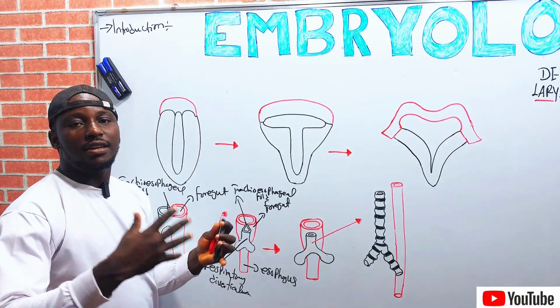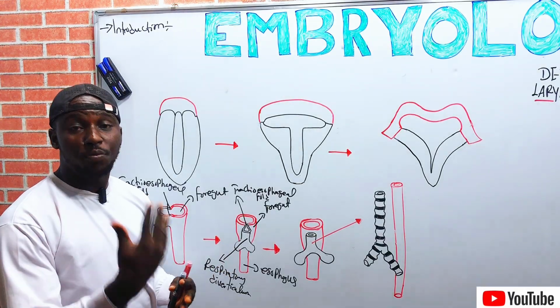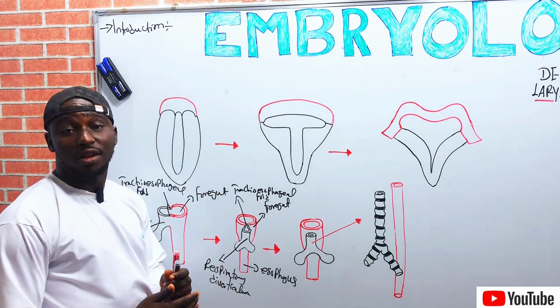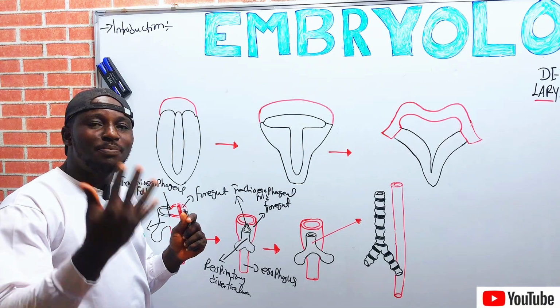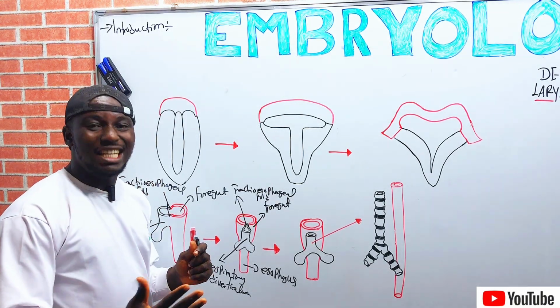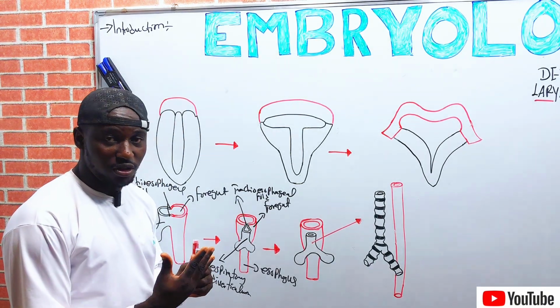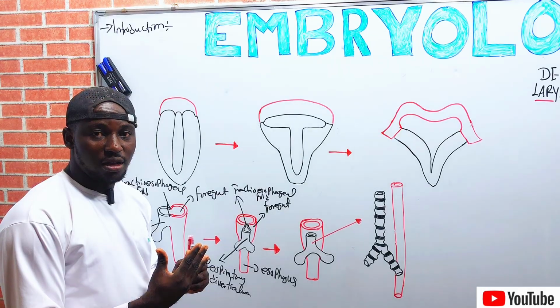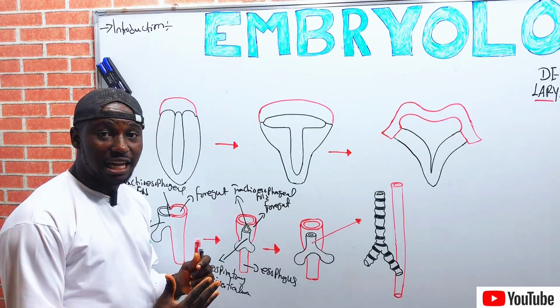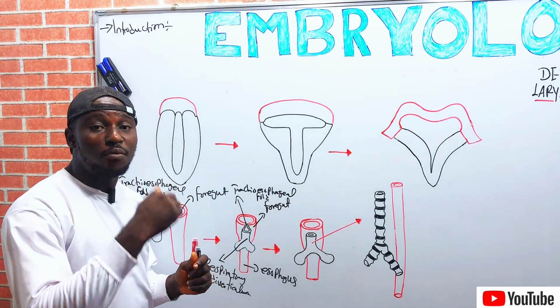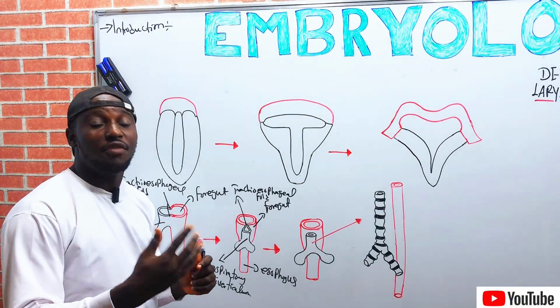Now, as the respiratory diverticulum is developing from the ventral aspect of the cranial part of the foregut, the distal aspect of the respiratory diverticulum is separated from the oesophagus by the tracheoesophageal septum, which was formed as a result of the fusion of the tracheoesophageal folds.